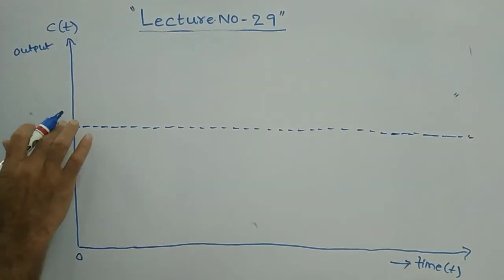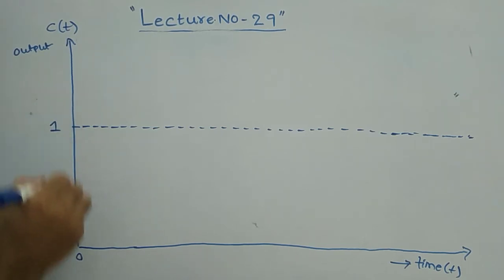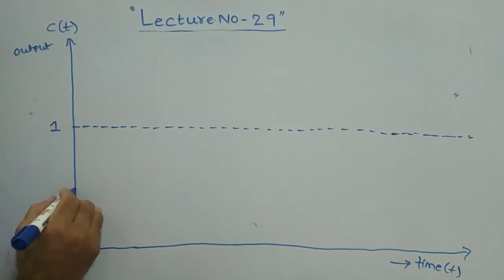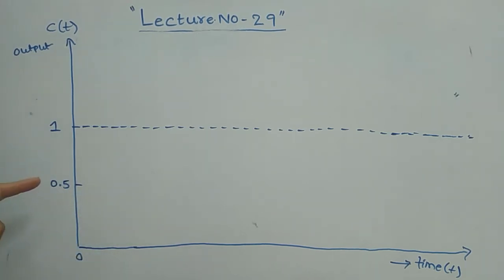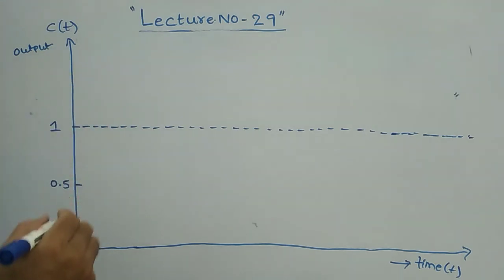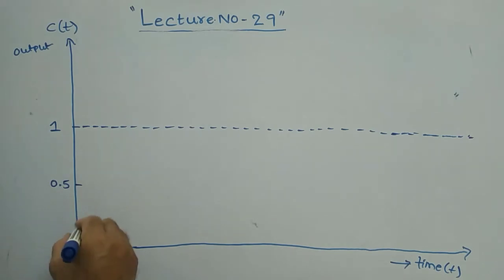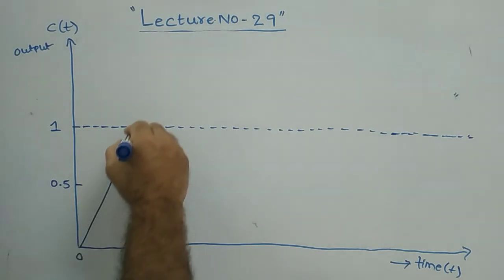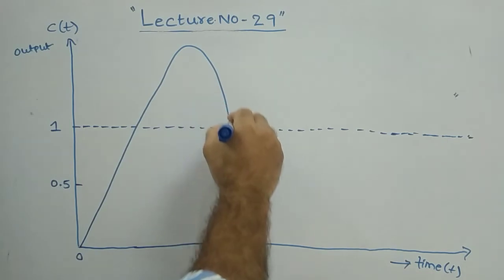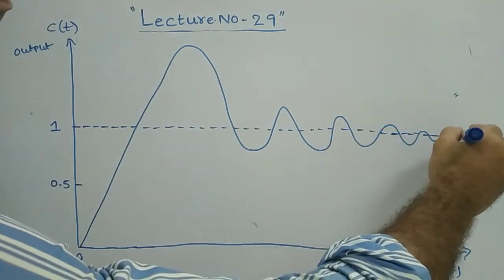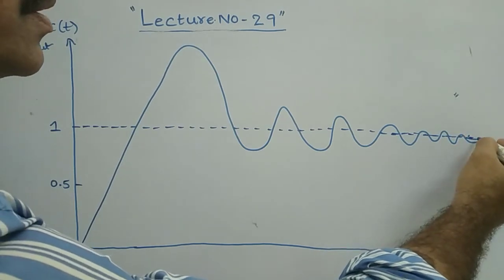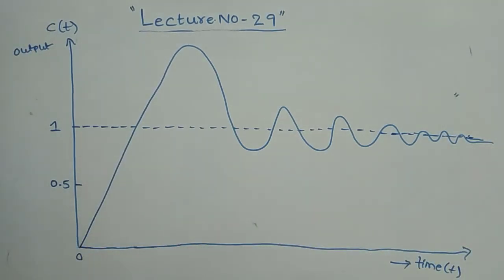So this is 0 to 1. Somewhere in between exactly you will have some 0.5 value, meaning 50% value. Now if you draw the graph, it looks like this actually. So the graph will be like this basically.